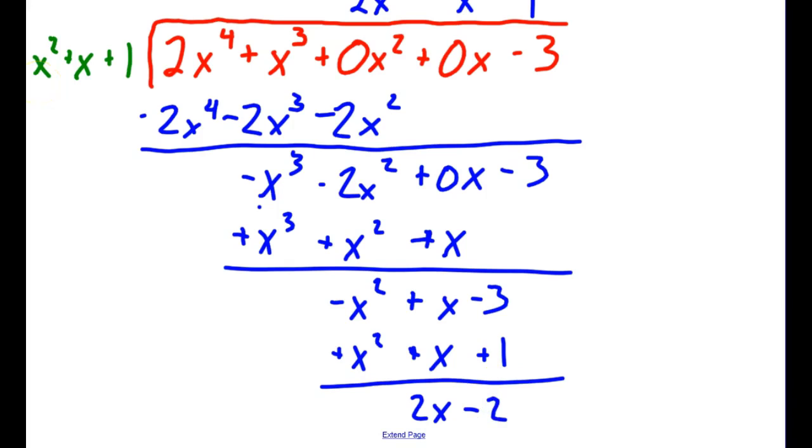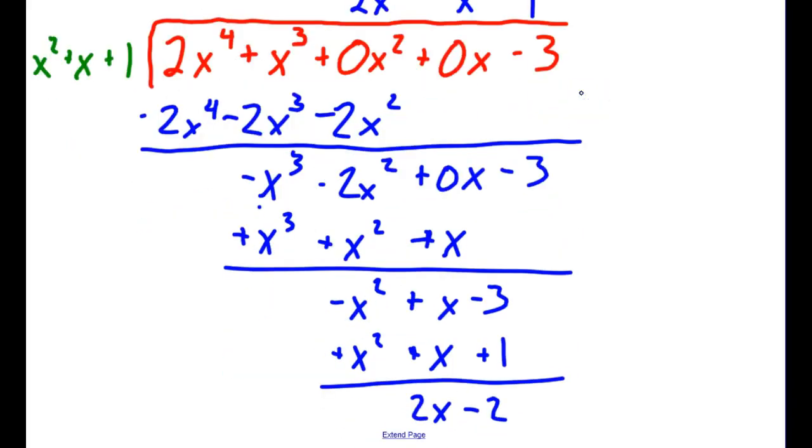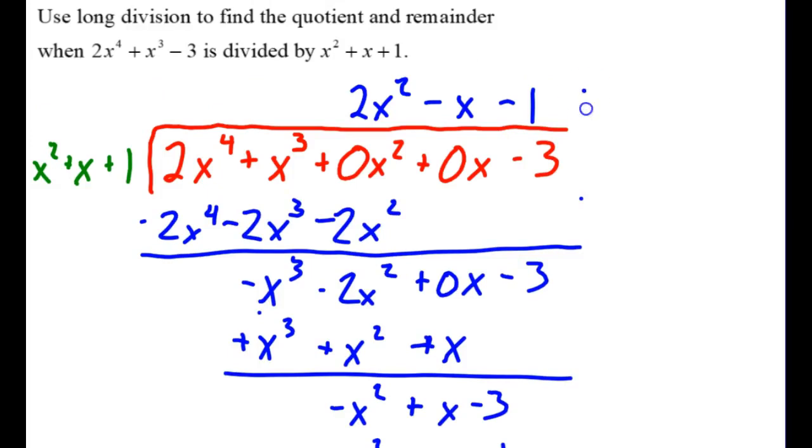Here we would try to repeat the same process. What do we have to multiply by x squared to get 2x? Since the degree of the term in our divisor is greater than what we have left, this expression, what remains, becomes the remainder. Okay, so we have 2x minus 2. At the top, we're going to add our remainder, which was 2x minus 2, and put that over our divisor, which was x squared plus x plus 1.